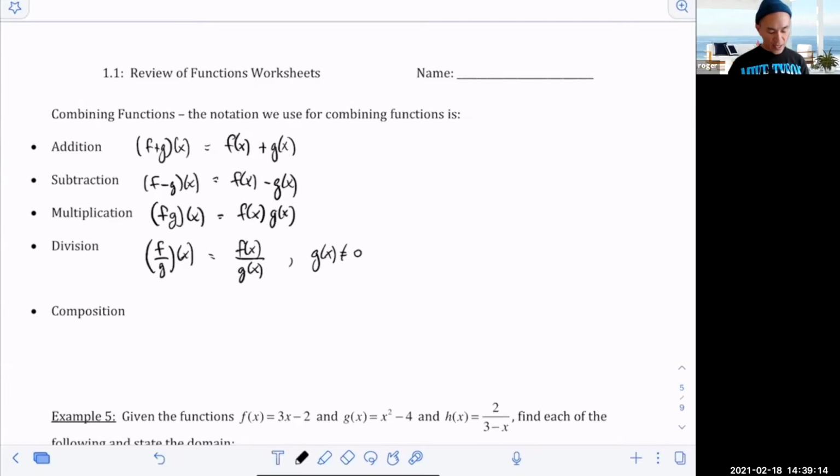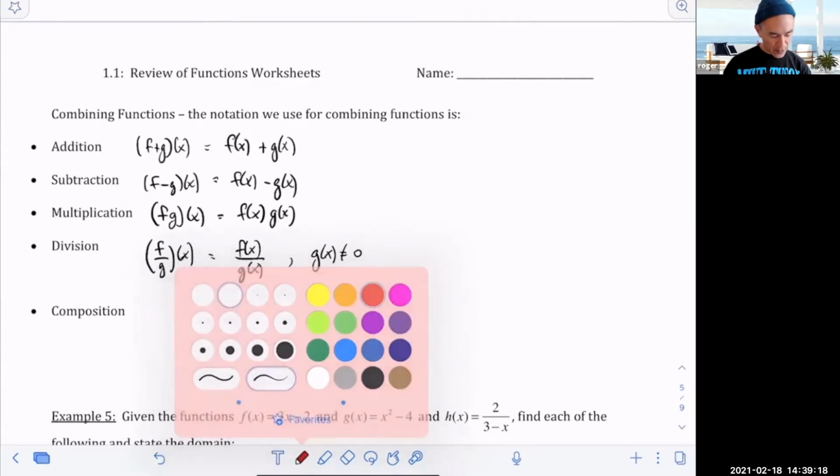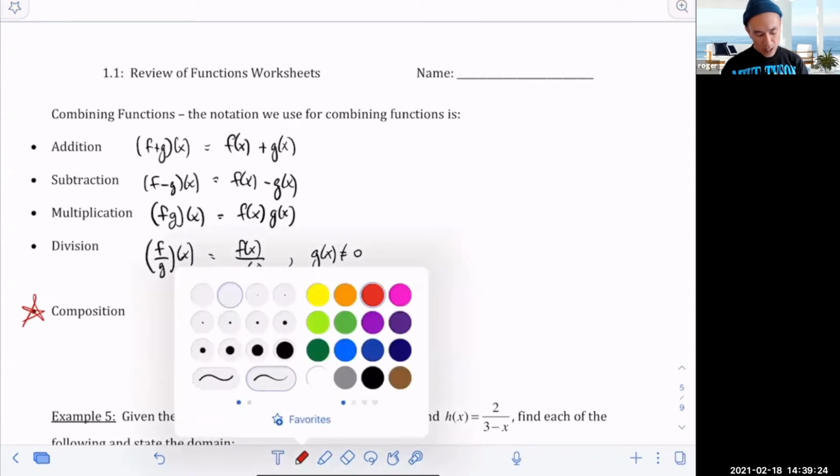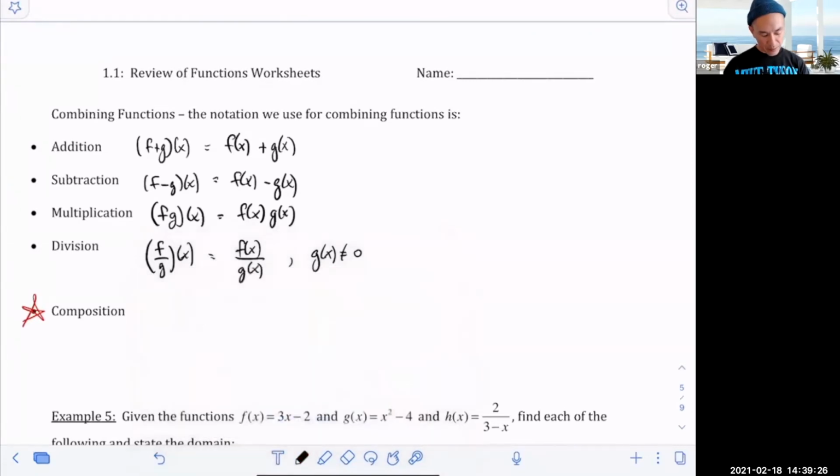Okay. The big one for us, I think everyone is comfortable with those, but composition is kind of a big deal for us. So the way composition works is we write f composed with g like this. The thing that you have to remember is when you're dealing with functional notation, things are evaluated going from right to left.